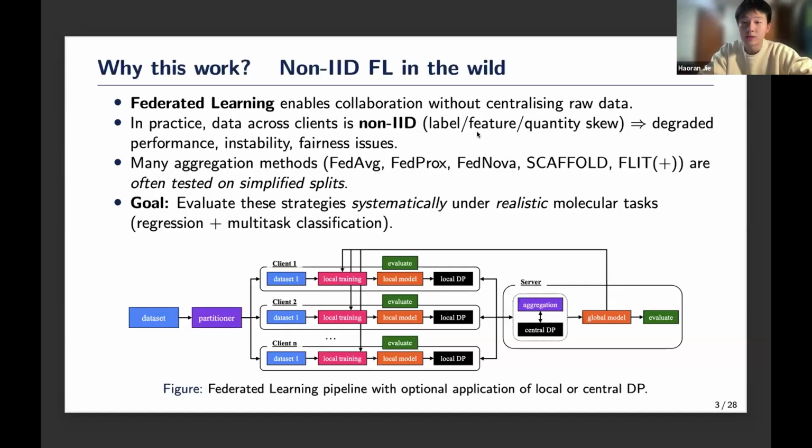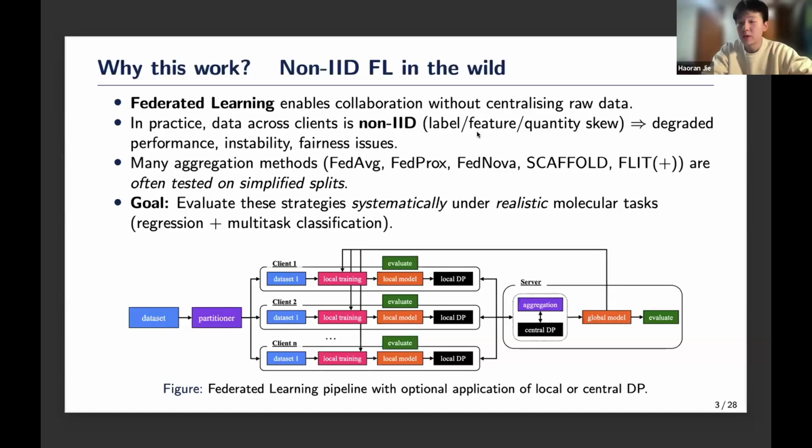The major issue is that in the real world, the data across different clients are really not IID, independent and identically distributed, meaning they're not. Each institution might collect data from different populations, using different experiments or under different experimental conditions.